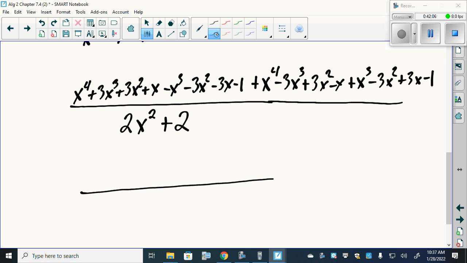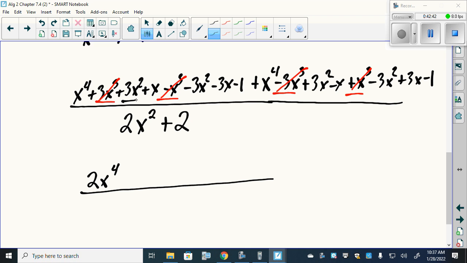Now, as crazy as this looks, x to the fourth plus x to the fourth is going to be 2x to the fourth. X to the third minus x cubed would be 2. Minus 3x cubed is negative 1. Plus x cubed is 0. So these actually all canceled out.